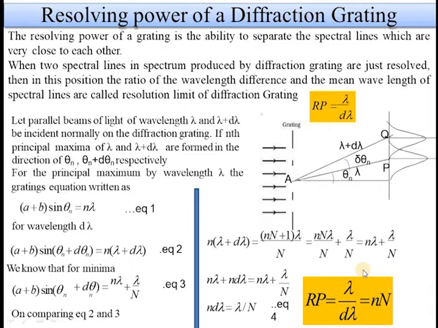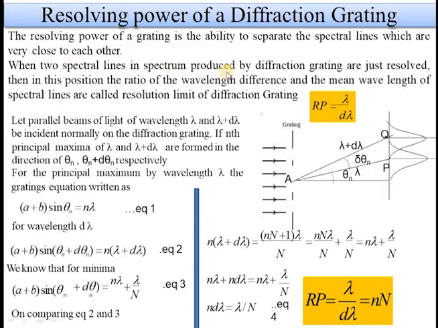So we are discussing the resolving power of a diffraction grating. That is, what is the equation for the resolving power of a diffraction grating? As we have discussed before, resolving power of a grating is the ability to separate spectral lines which are very close to each other.